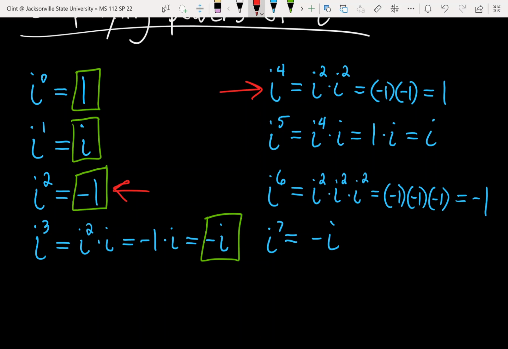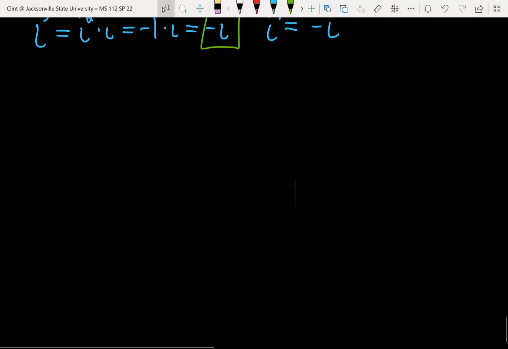We've got to know i squared is negative 1. So you can break down a bigger power of i based on either one of those and get to the answer. There's other ways you can do it too. I'm probably going to do the ones I do for all of us with i squared, just because that's something we already have to remember. So let's look at one and get an idea of what I'm talking about.